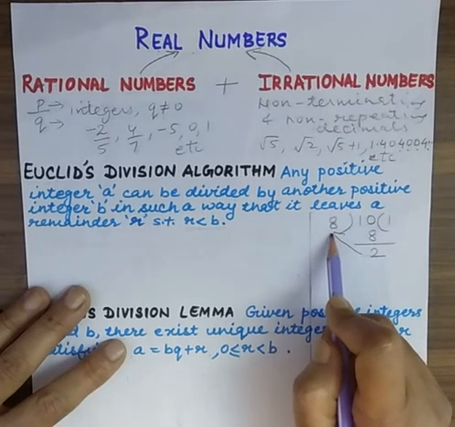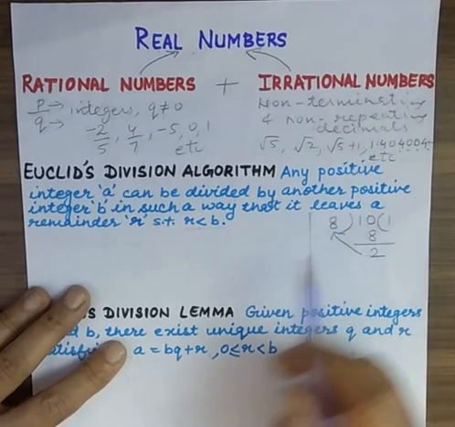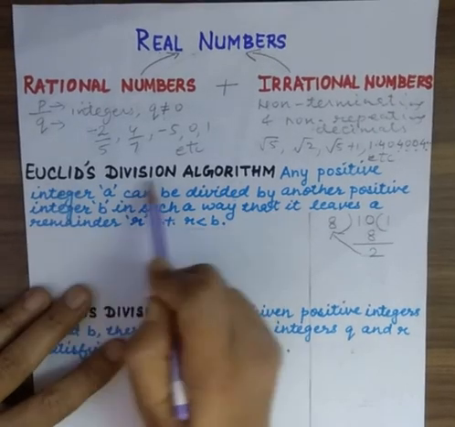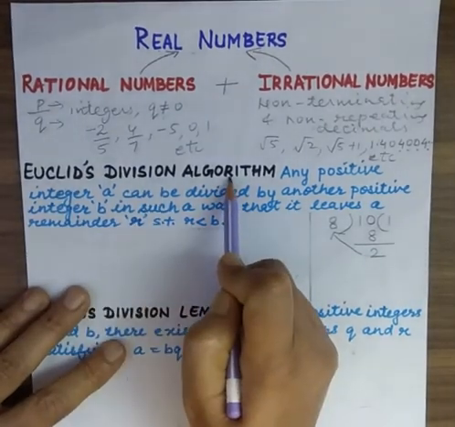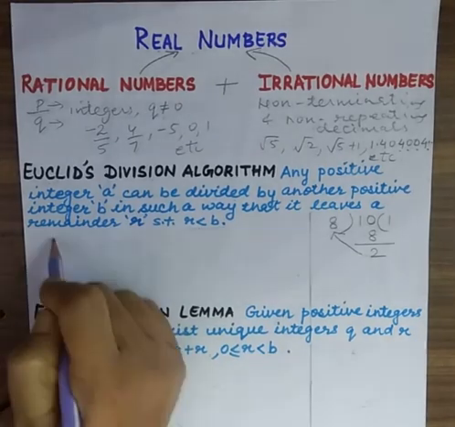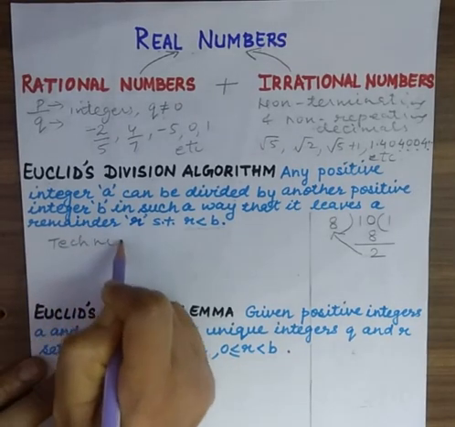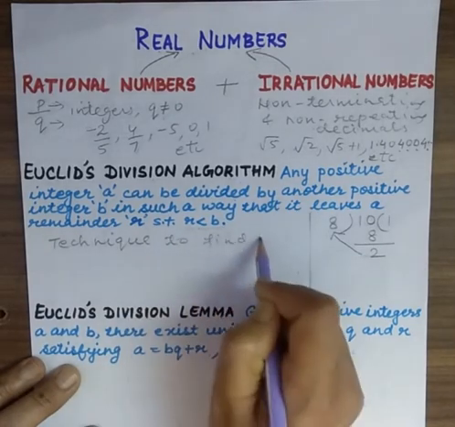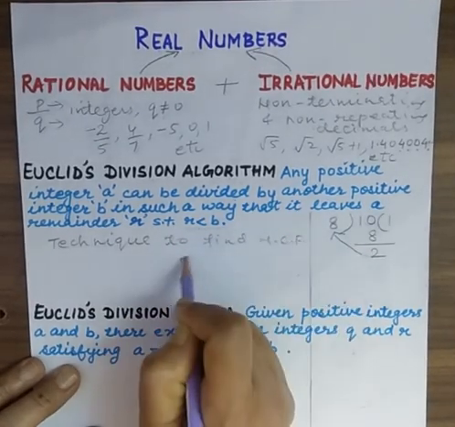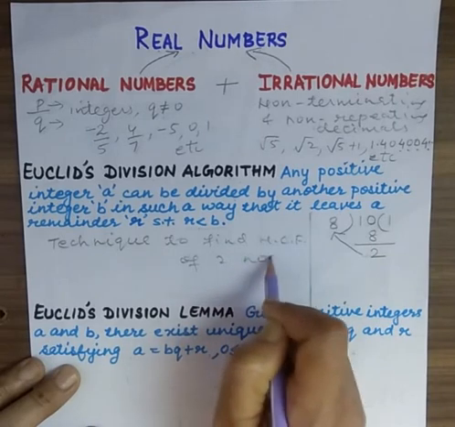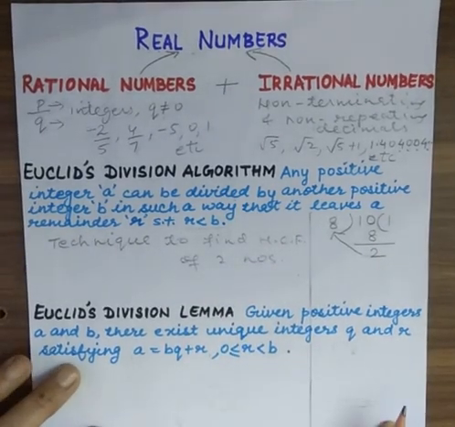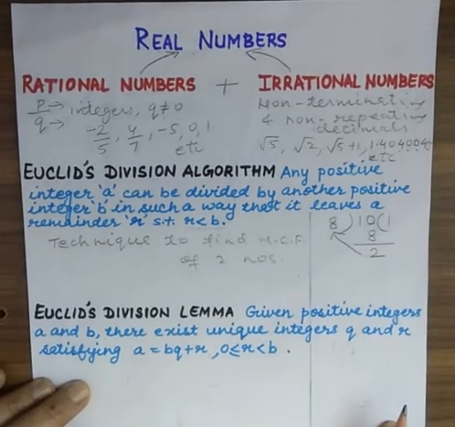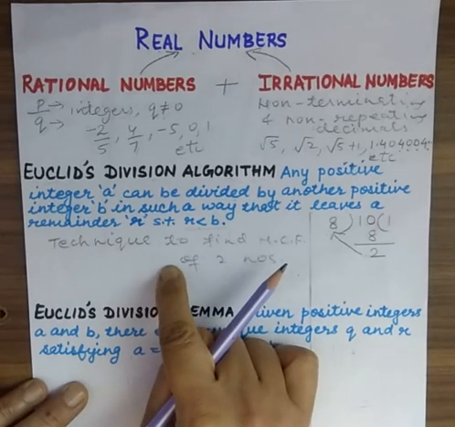Alright. Now, when we come to the application aspect of Euclid's division algorithm, we say that it's a technique to find HCF of two numbers. Alright. Now how do we find HCF of two numbers in this technique?